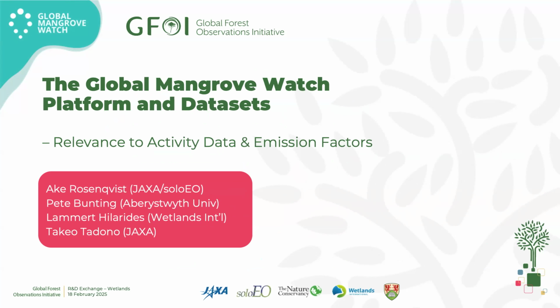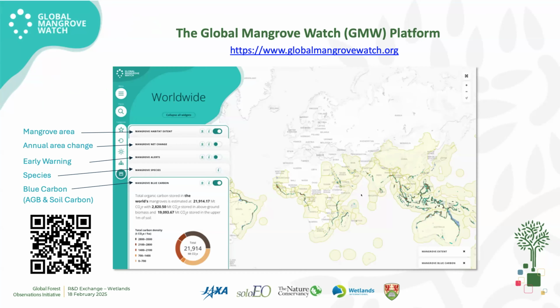I'll focus on the Global Mangrove Watch dataset and the Global Mangrove Watch platform, and just provide a little background to what that is and its potential relevance to activity data and emission factors for mangroves. The Global Mangrove Watch platform is a web platform, www.globalmangrovewatch.org. And on this platform, we have a number of different mangrove datasets.